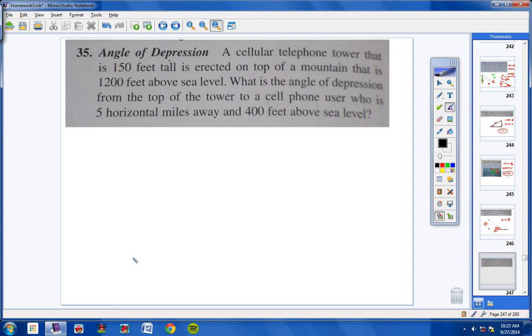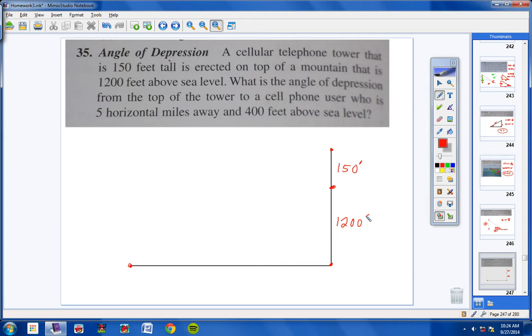Let's see, here's our ground. We're going to call this the ground here. And then we're going to put a big long line here. And we're going to say this is sea level right here, okay? So from here to here, we're going to say is 1,200 feet, okay? And then the actual tower is 150 feet.